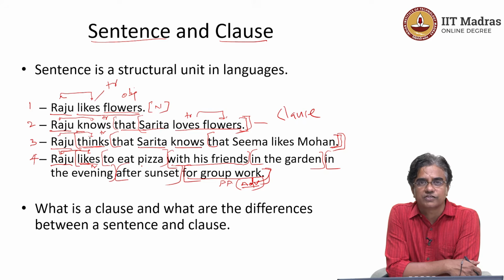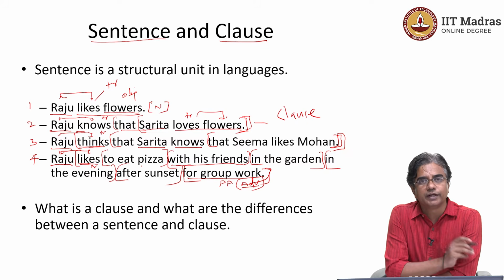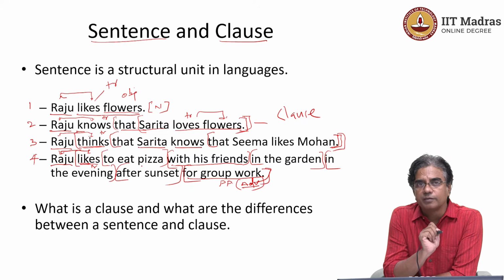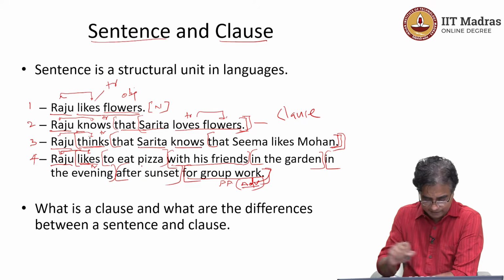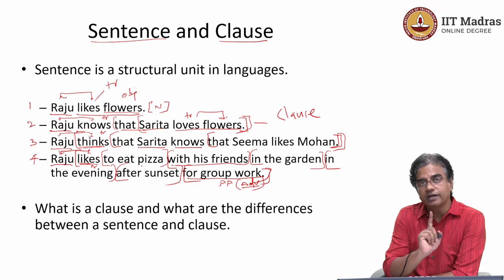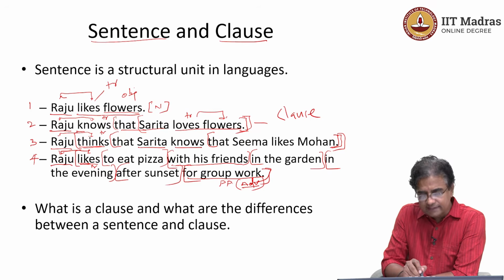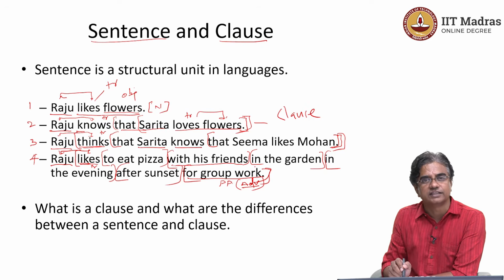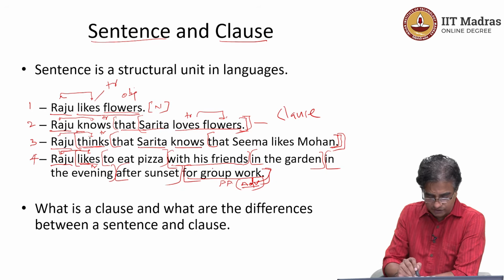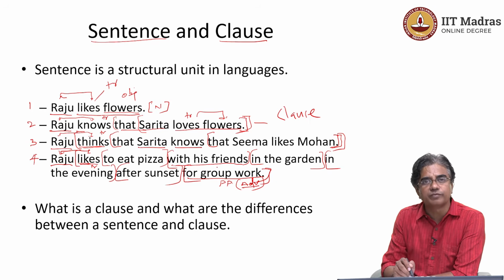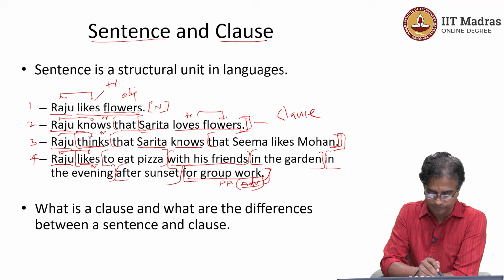Now, I am going to let you see something more which is very interesting for this sentence. One part is that it has several adjuncts in the sentence as adverbs, which simply provide information about liking.